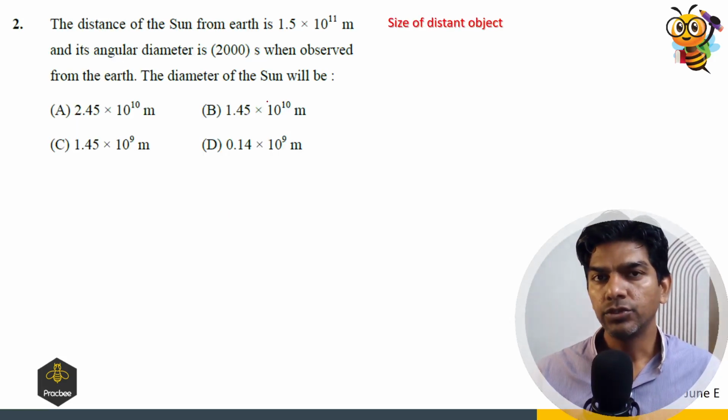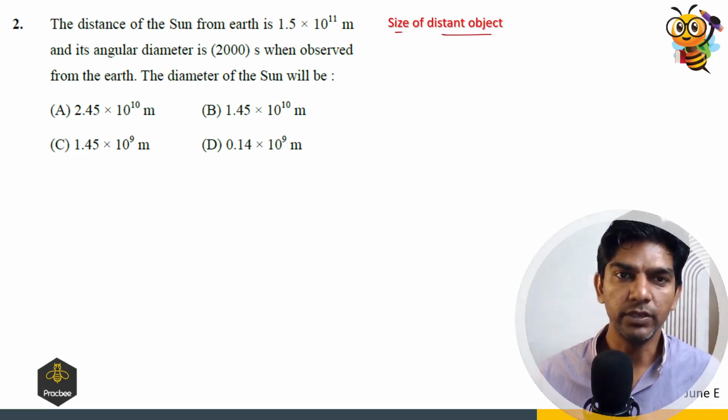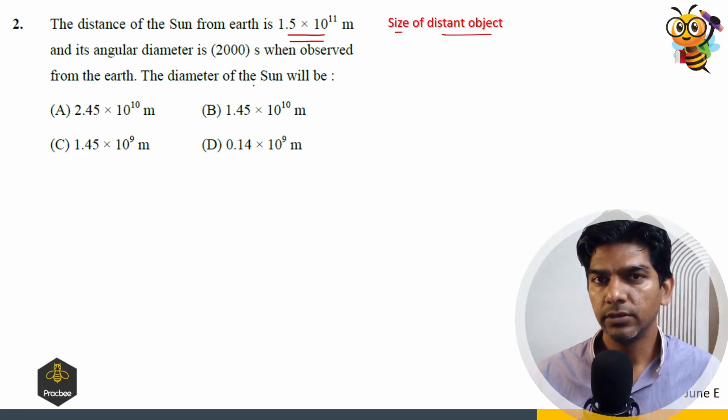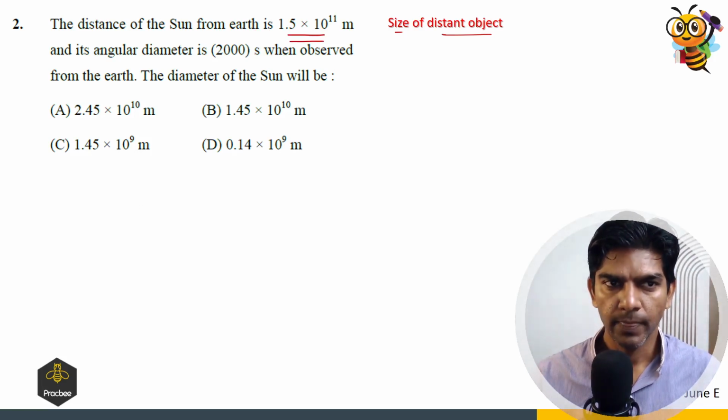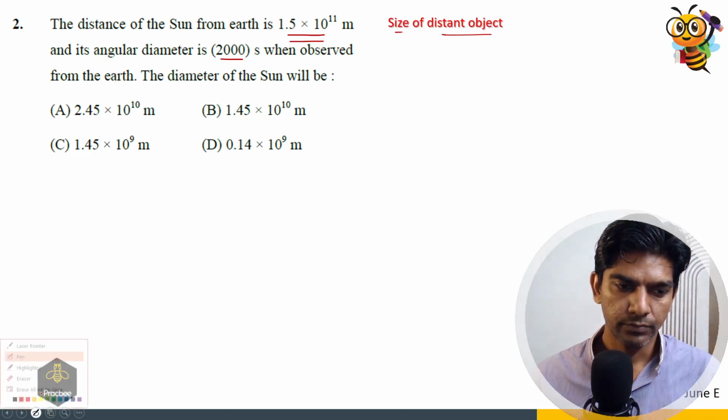Now there can be a question based on where we have to find the size of the distant object. Now let us see one of the illustrations which came in one of JEE paper. The distance of sun from earth is 1.5 into 10 raised by 11 meter, and its angular diameter is 2000 arc seconds, right? When observed from the earth, find the diameter of the sun.